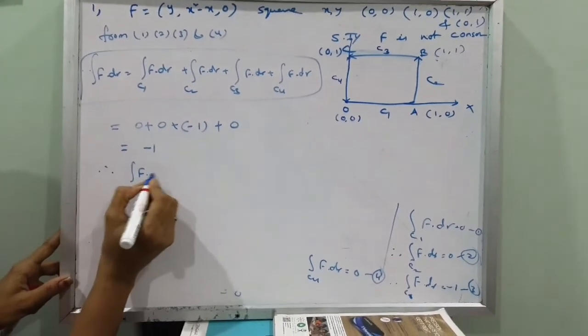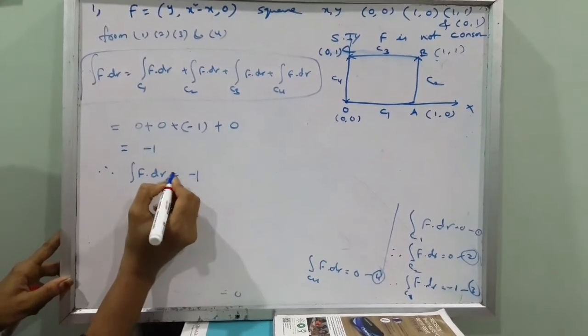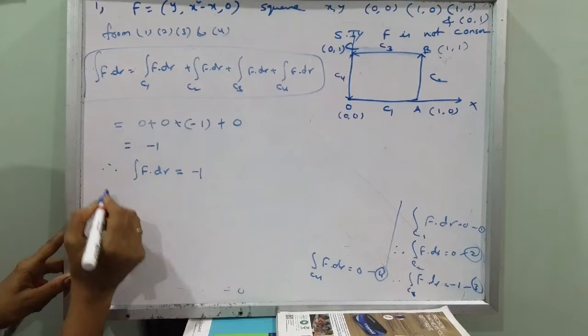Therefore, the integral of f dot dr is equal to minus 1.